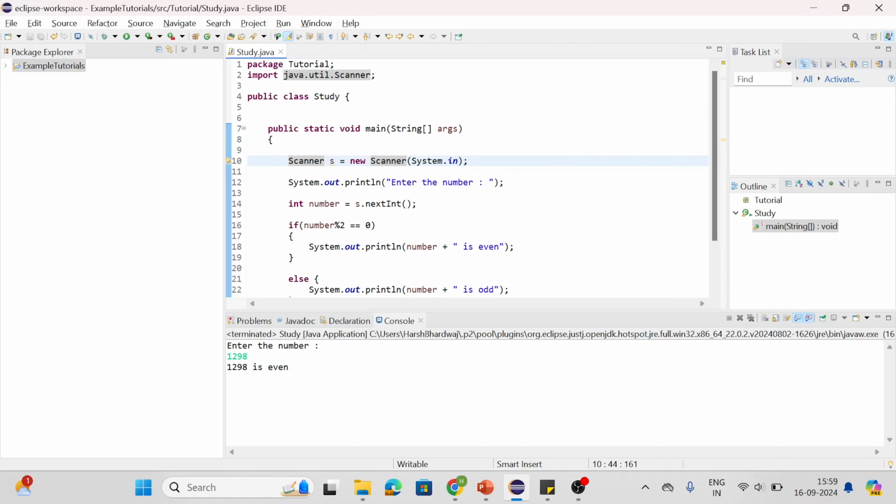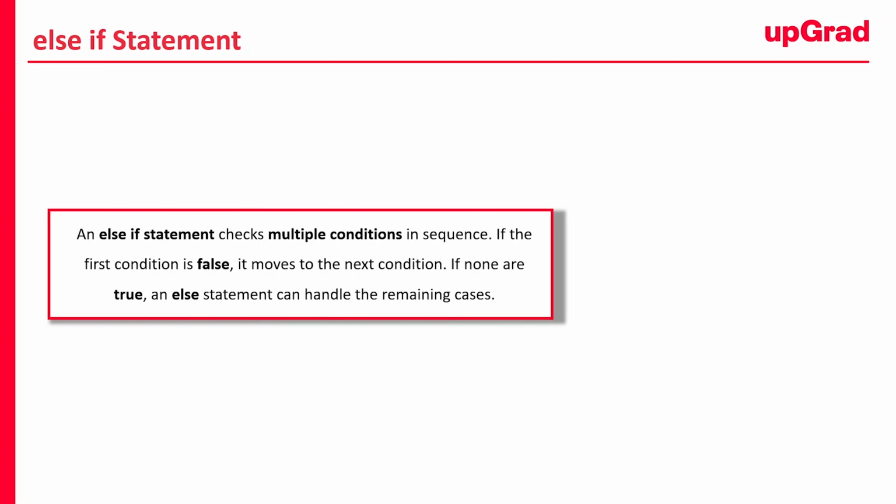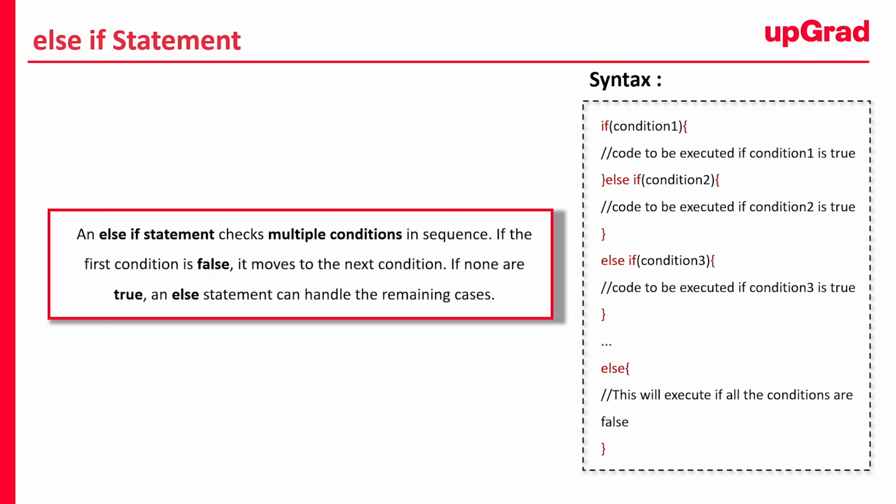Alright, so this was about the if else statement. Now let's understand the next thing, which is the else if statement. Else if comes into play when you want to check multiple conditions, not just one. It's like saying if this first condition is true, do this, but if that's not true, check another condition. This way you can have different actions depending on different scenarios.